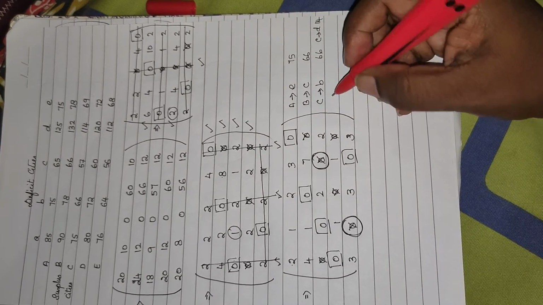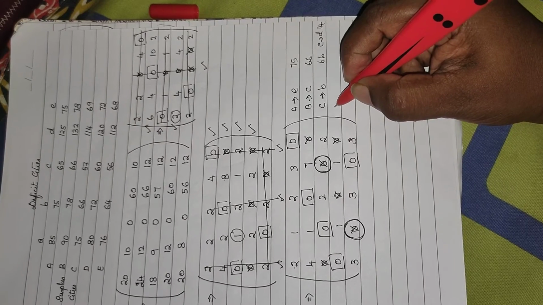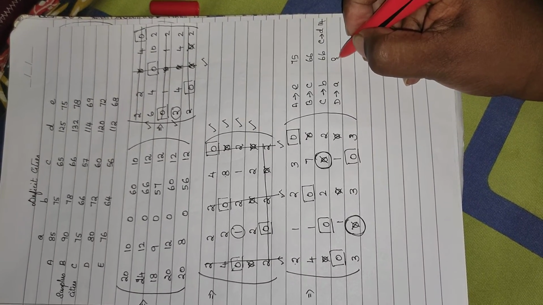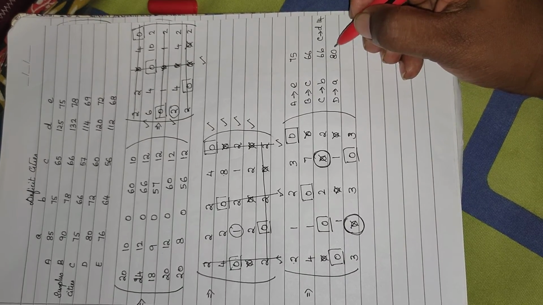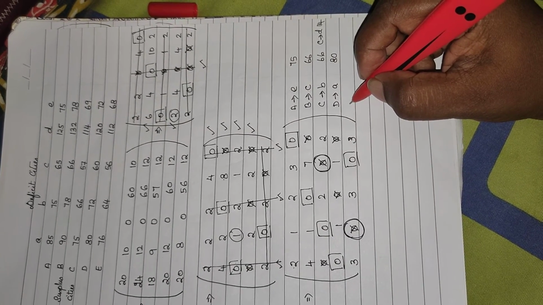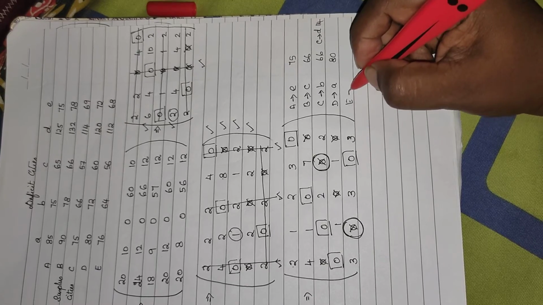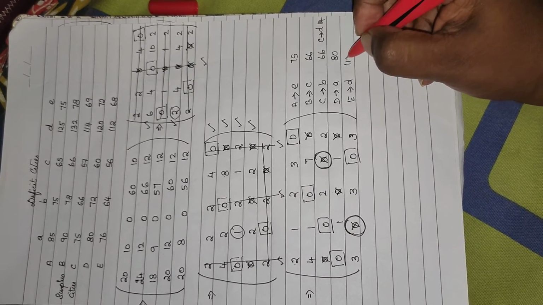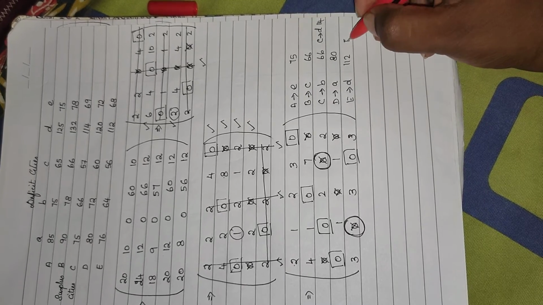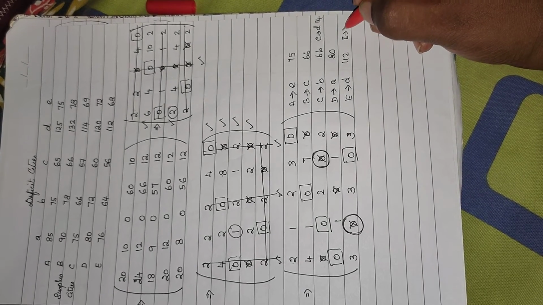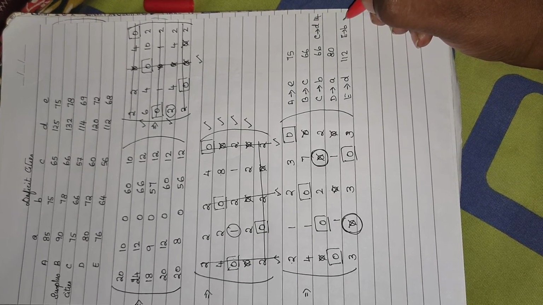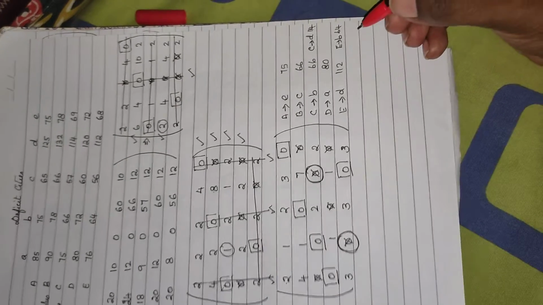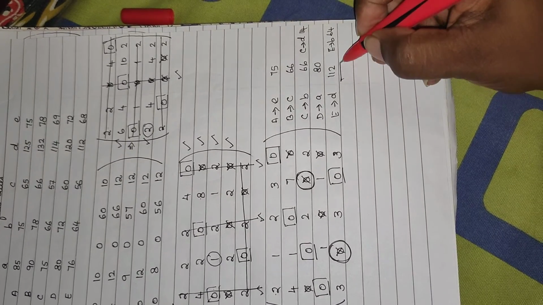Okay, so I'm writing it also. Then you have capital D goes to A, which is 80. And here you have capital E goes to D, which is 112. Here capital D can also go to B, which will be 64.